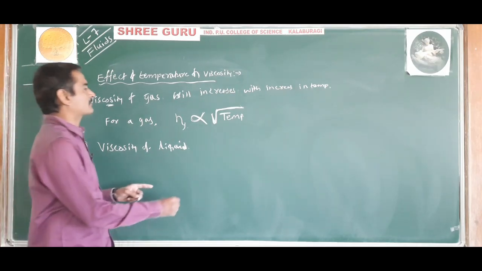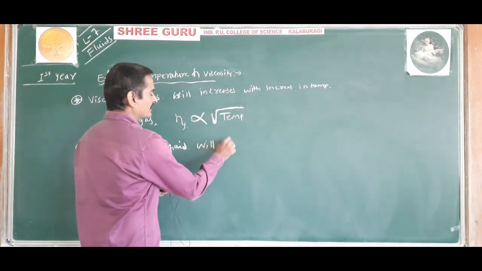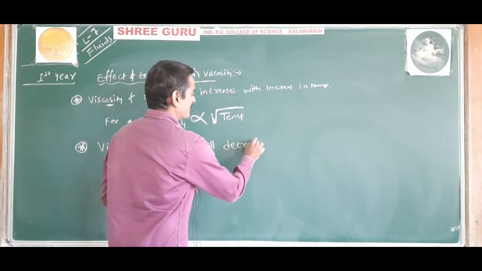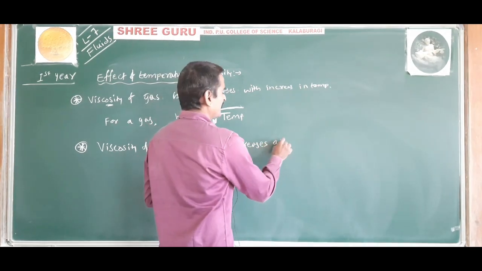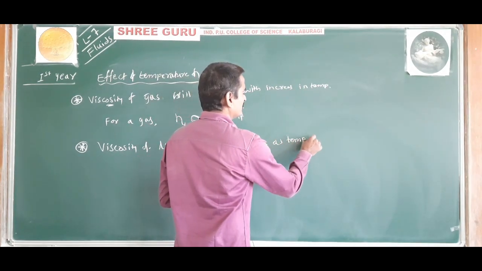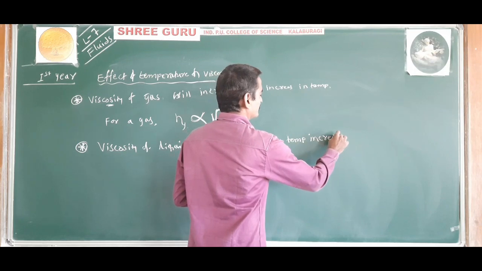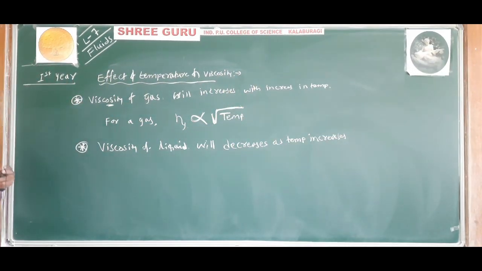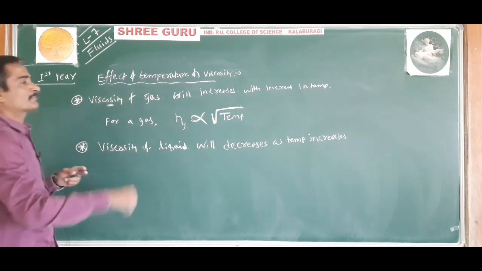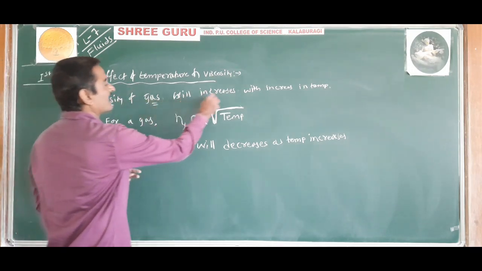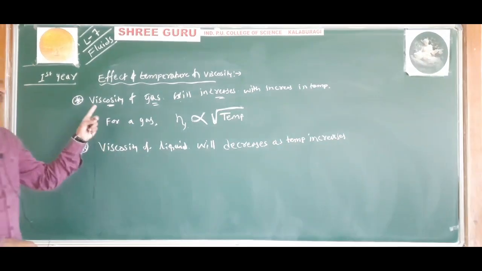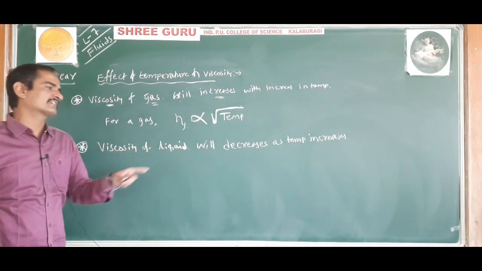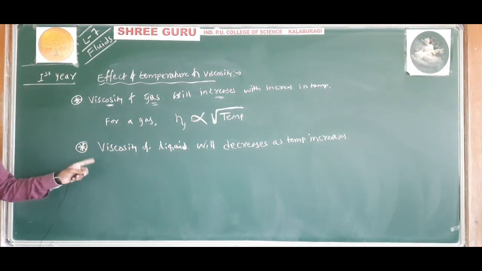The viscosity of liquid decreases as temperature increases. See here, as temperature increases, the viscosity of the liquid will decrease, whereas the viscosity of the gas will increase. In the case of gas it is different, and in the case of liquid it is different.